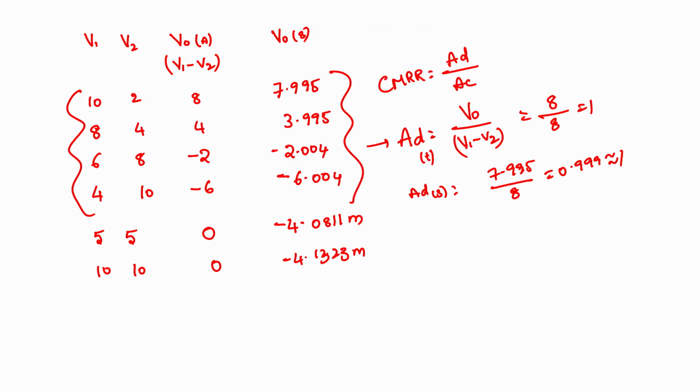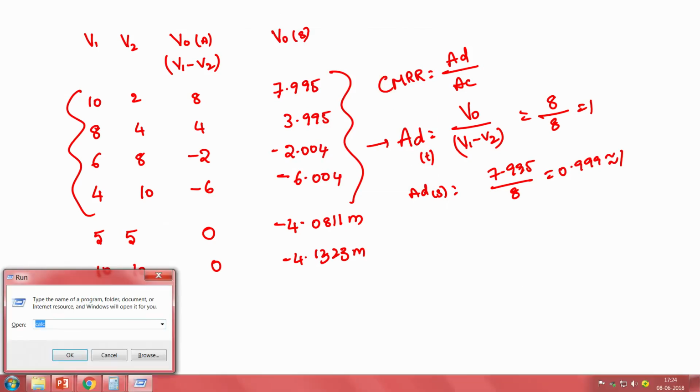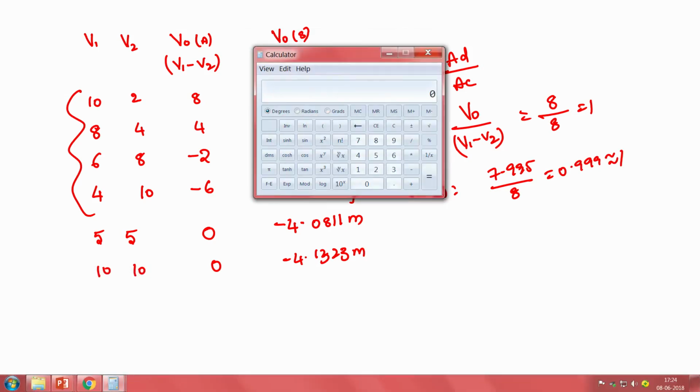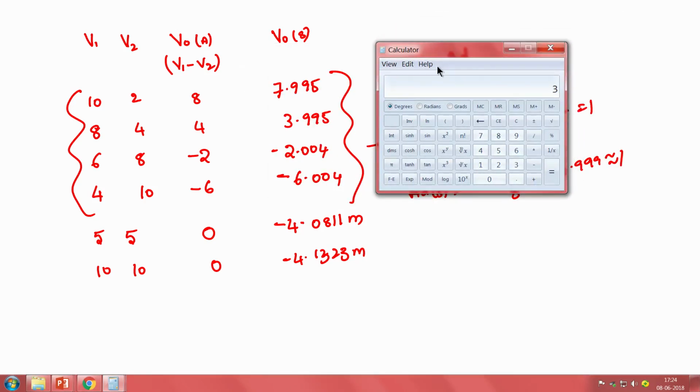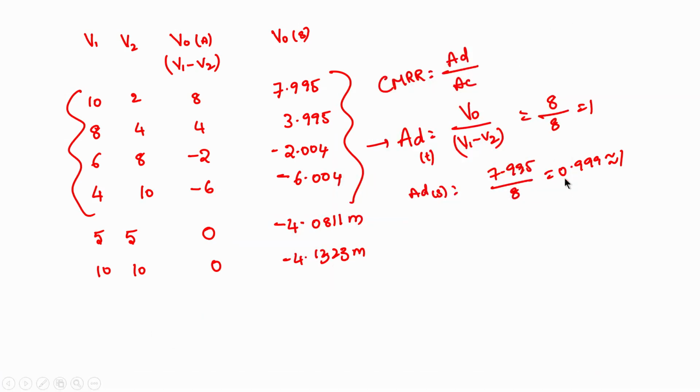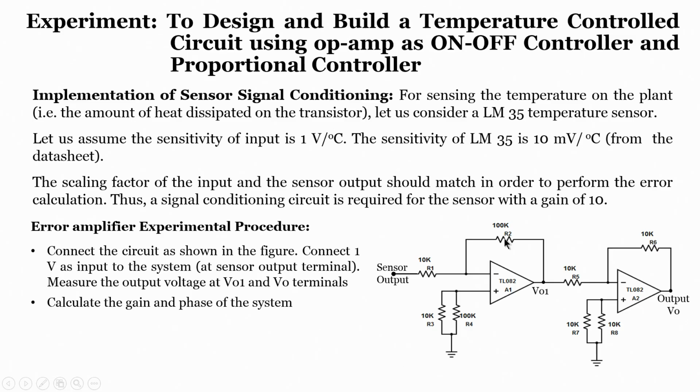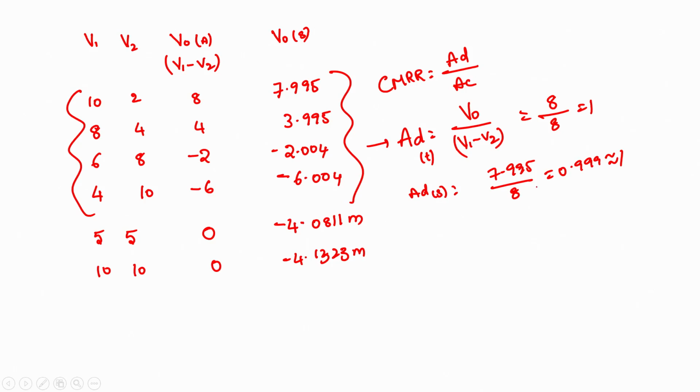I will take the next value too: 3.995 divided by 8 minus 4 is 0.998, so almost equal to 1, right. We are getting everything almost equal to 1.